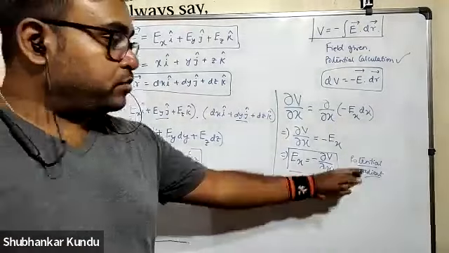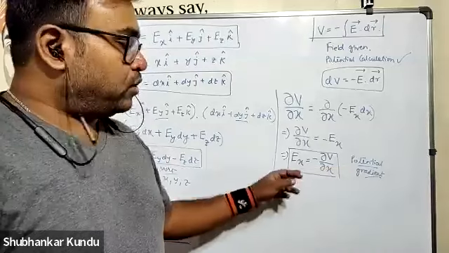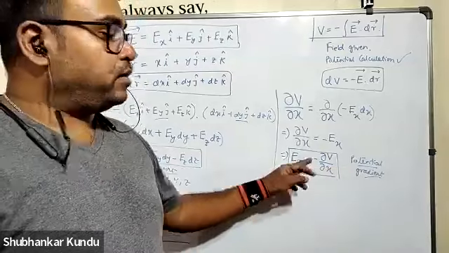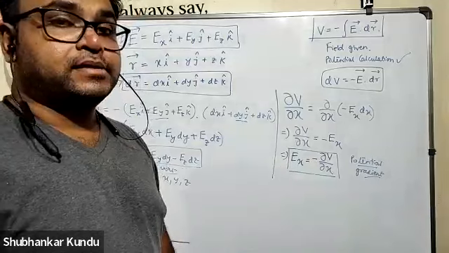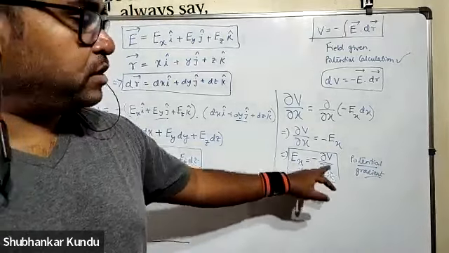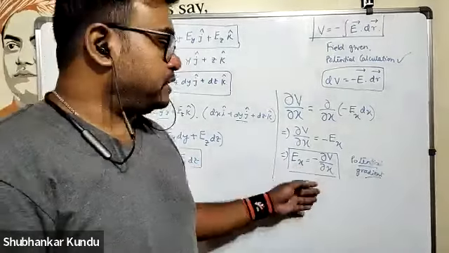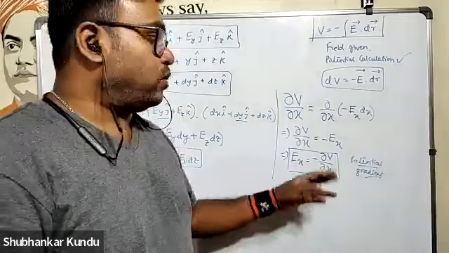Also see from this expression, along the direction of the electric field, potential is decreasing. Along the direction of electric field, potential is decreasing. It is coming as negative. Clear? So this is Ex, that is the electric field along x.